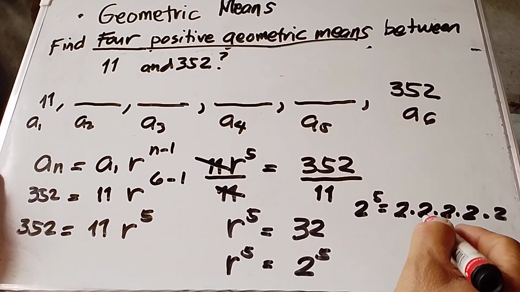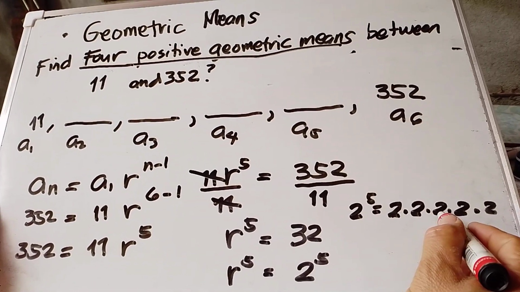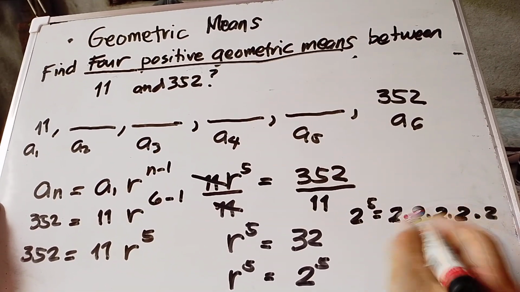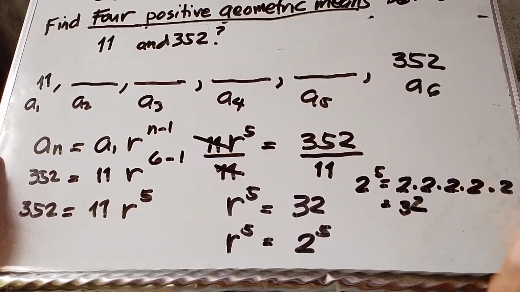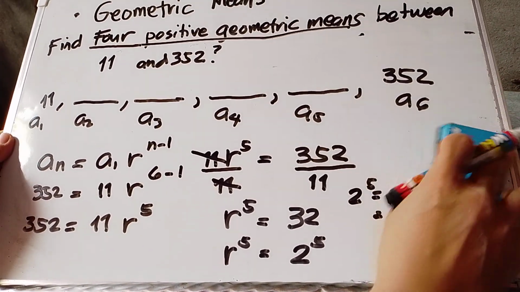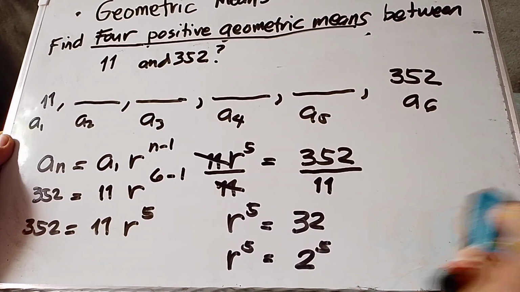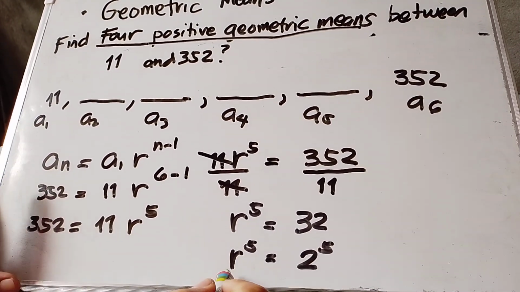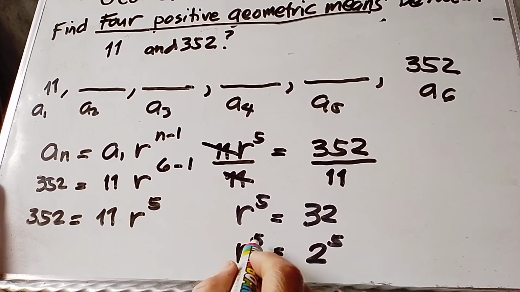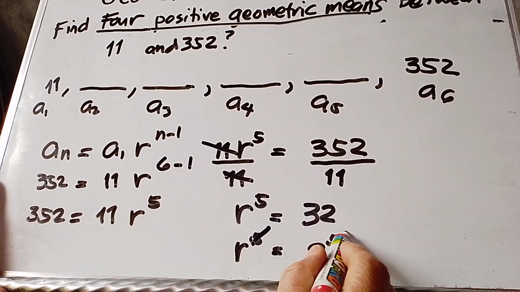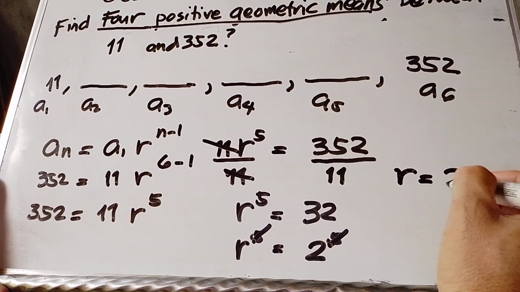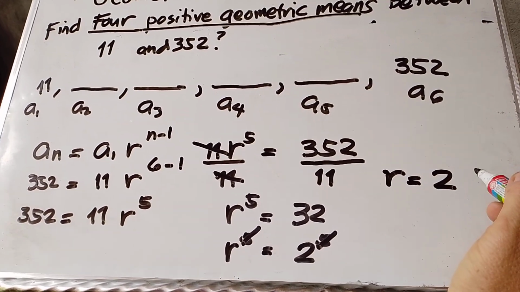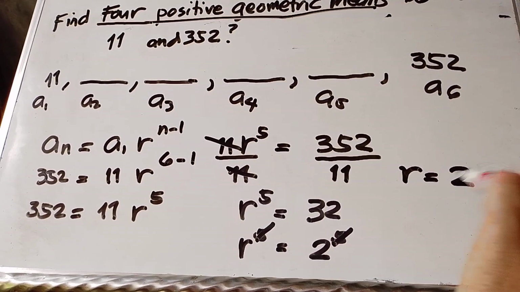So 2 times 2 is 4, times 2 is 8, times 2 is 16, times 2 is 32. So 2 to the power of 5 is 32. Since the bases, r and 2, have the same exponent, the exponent will be crossed out. So r is equal to 2. My common ratio for number 2 is 2.